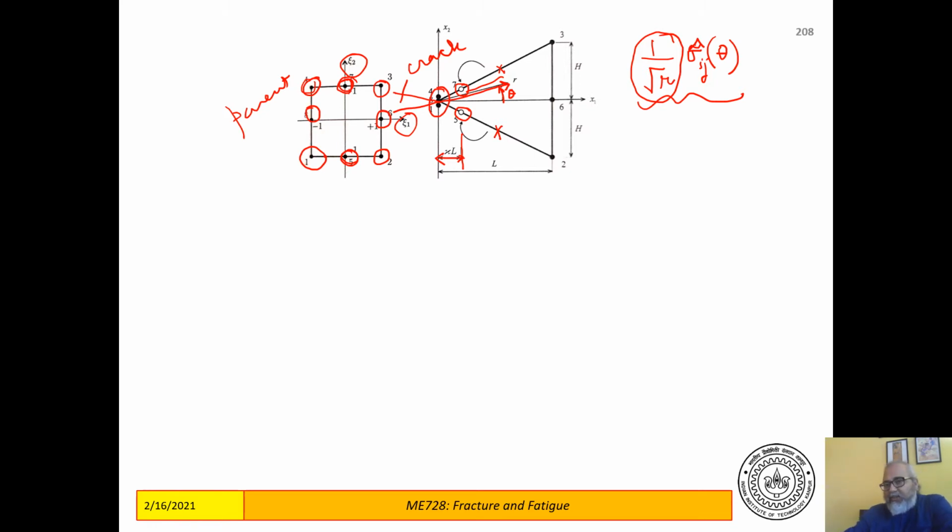If you don't have this kind of a term, stress fields will not be accurately approximated. We would need to have very, very small elements in order to approximate the stress fields. So what we are going to show is that if you use such a collapsed quadrilateral under certain circumstances, you will be able to reproduce this 1 by square root r term in your stresses. So let's see how that goes.